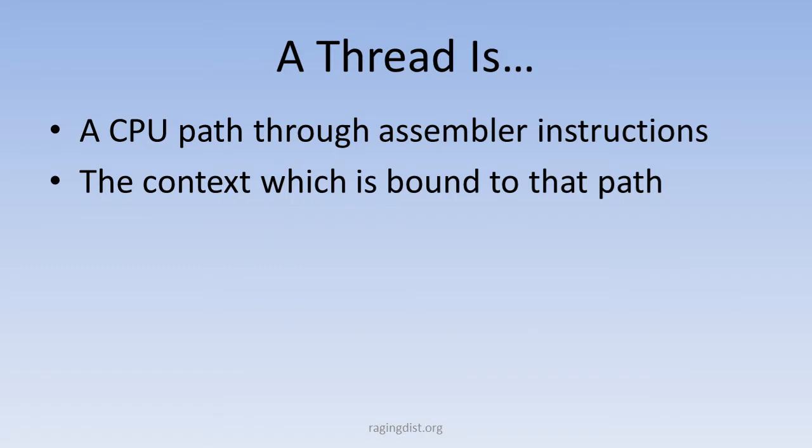So the stack has to be preserved whenever that thread is switched. So the thread, of course, is a CPU path through assembler instructions, and the thread is that context, the stack and the register values, which that path needs, basically the scratch pad memory that it needs to keep track of things as it's executing.